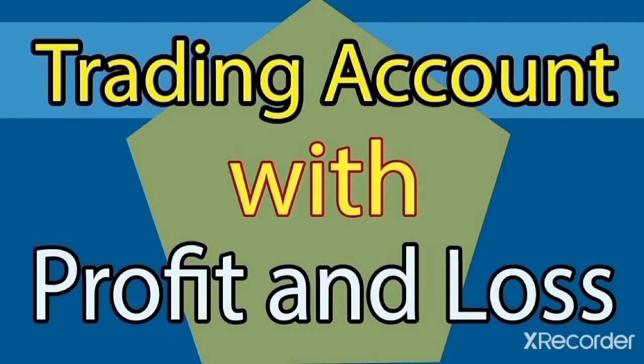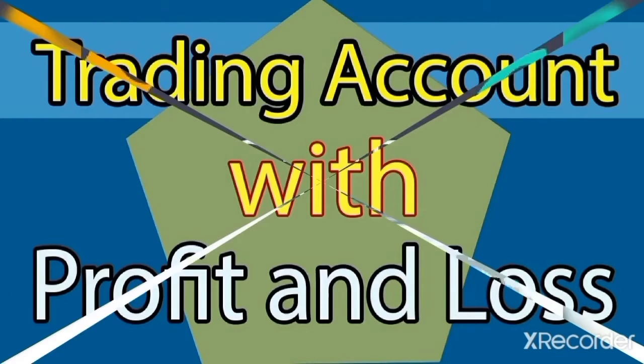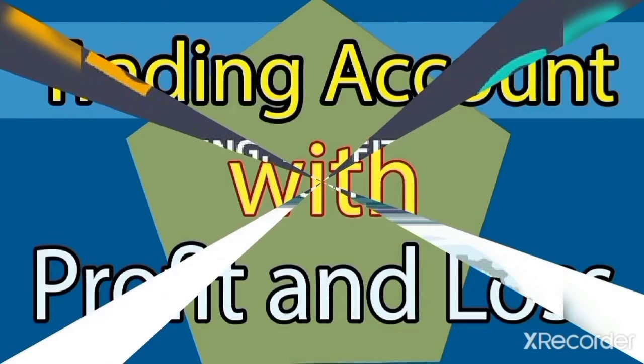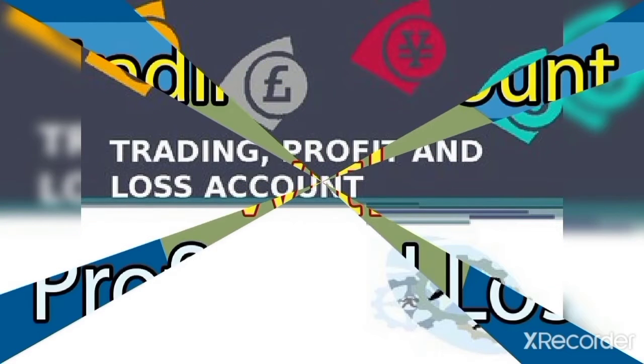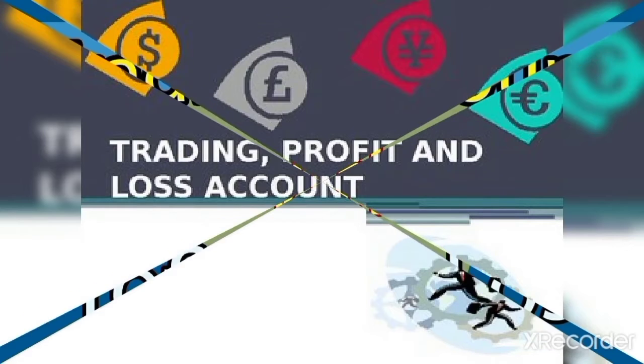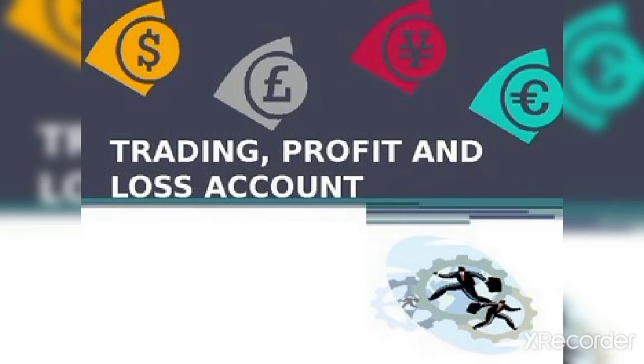Today's class, we'll be learning trading account, profit and loss account. Trading profit and loss account is usually prepared at the end of a financial year, which is usually 1 year.